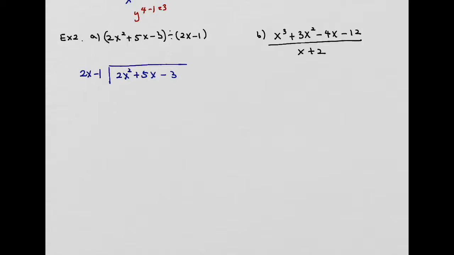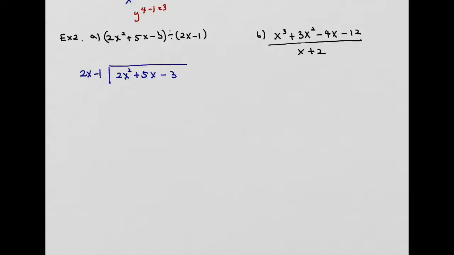So this is how you rewrite it as long division. And then we figure out what to multiply to make this 2x. We're focusing on just the first terms. What do you need to multiply 2x by to become 2x squared? That will be x.